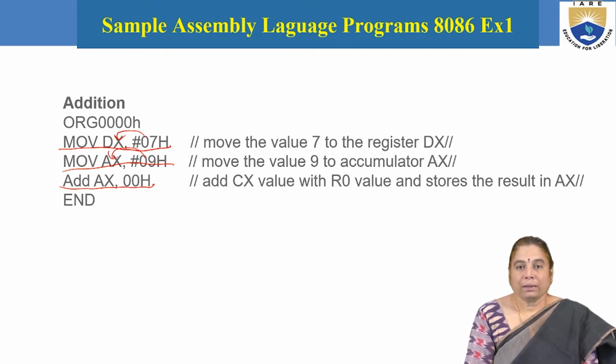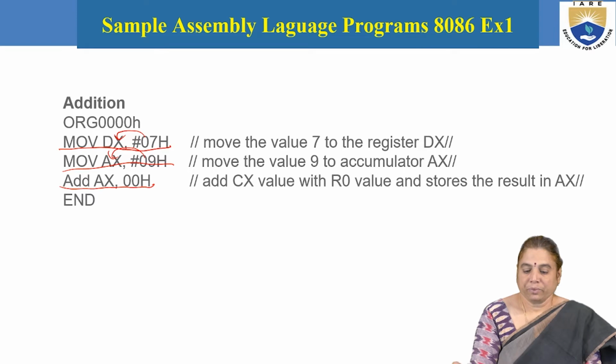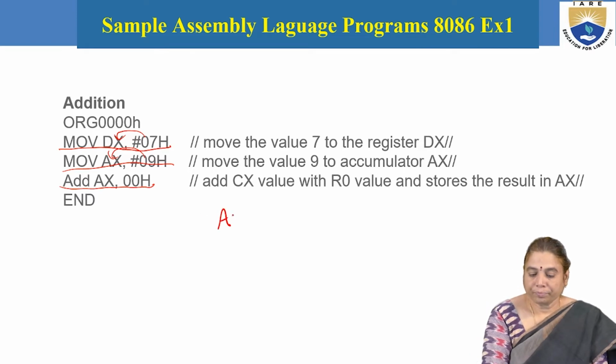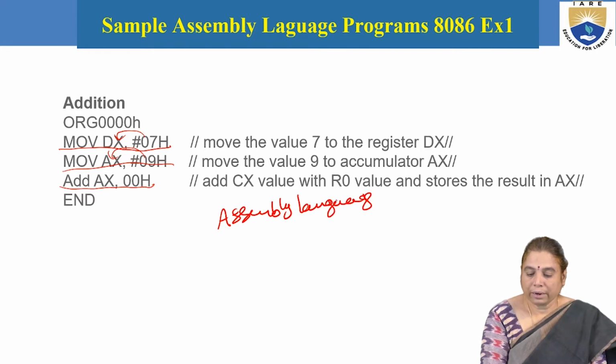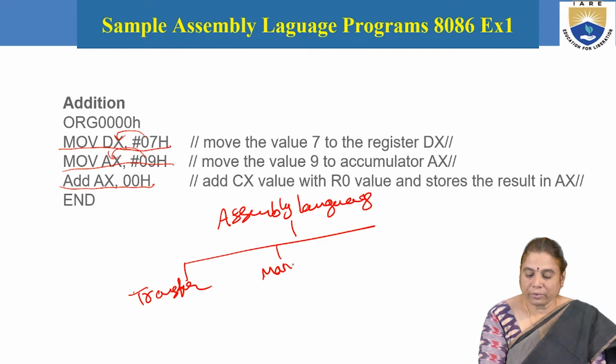So what are the types of instructions in assembly language? Majorly they are of 3 types: data transfer instructions, data manipulation instructions, and program control instructions.